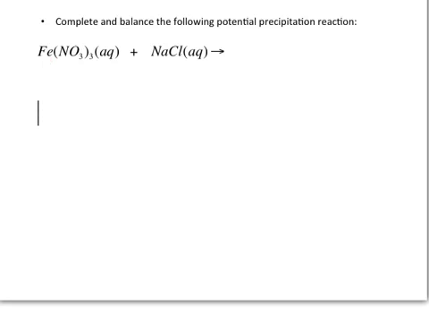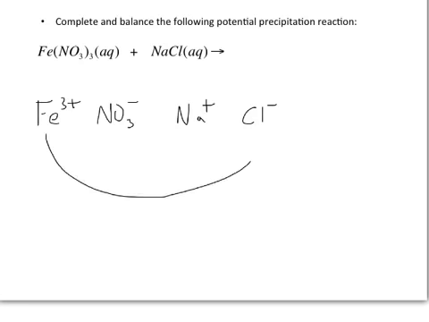So the ions from the first compound are Fe3+ and NO3-. From the second compound, sodium is a metal that I know when it forms an ion is always +1 because it's an alkali metal, and chloride is -1. So in my products, I'm going to pair the iron with the chloride and the sodium with the nitrate.